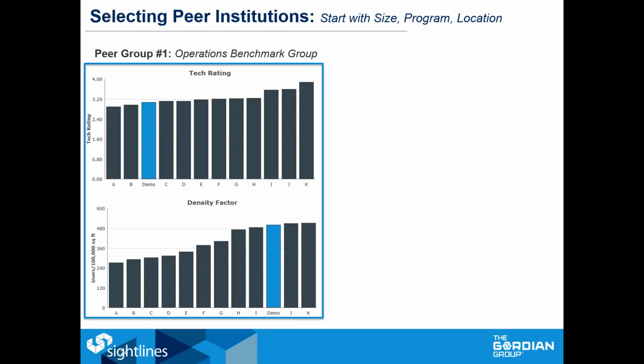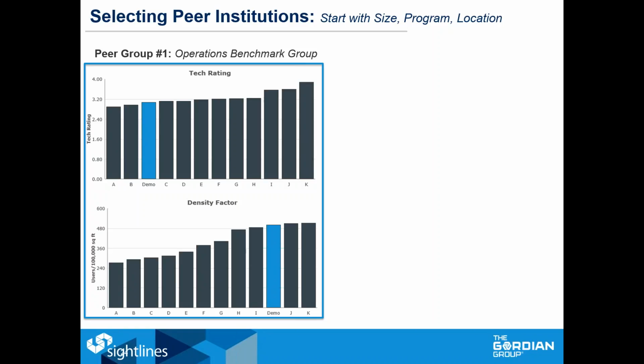But we typically go beyond that. We're looking very specifically: are there campuses that are technically very similar to yours? A campus that's made up of lots of different high-tech laboratories and facilities has fundamentally different facilities needs than those that are more classroom, liberal arts oriented. We look at density factor.